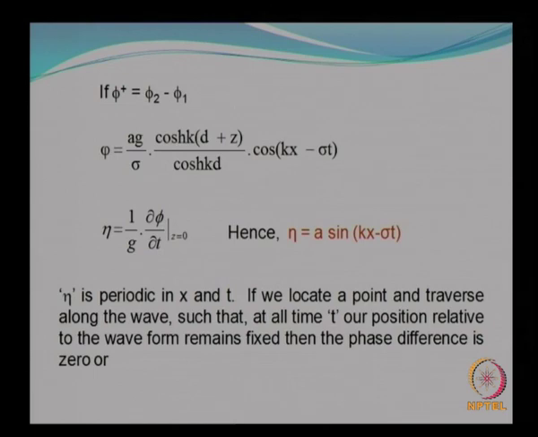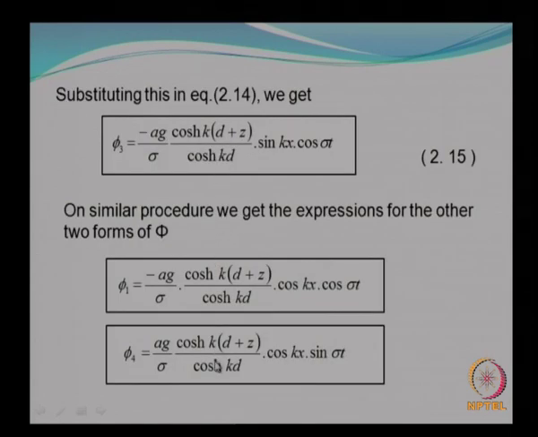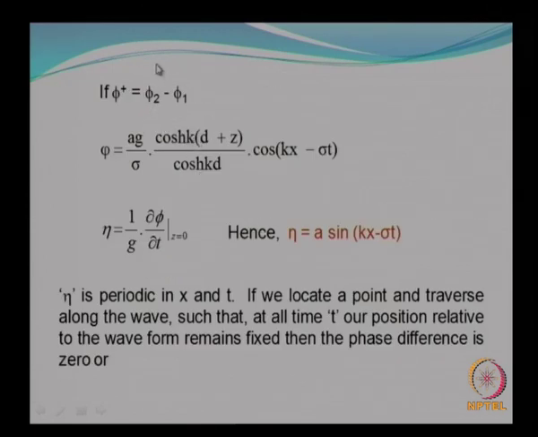Now if I assume that the velocity potential is positive, see, velocity potential can be negative or positive, right. I just take this form because phi 2 is already there, phi 1, phi 4 and phi 3. Now phi 2 minus phi 1: I take combinations of any two forms of the velocity potential.